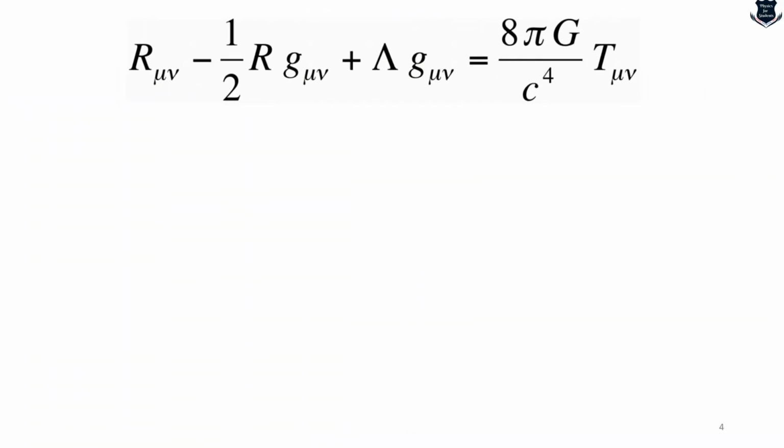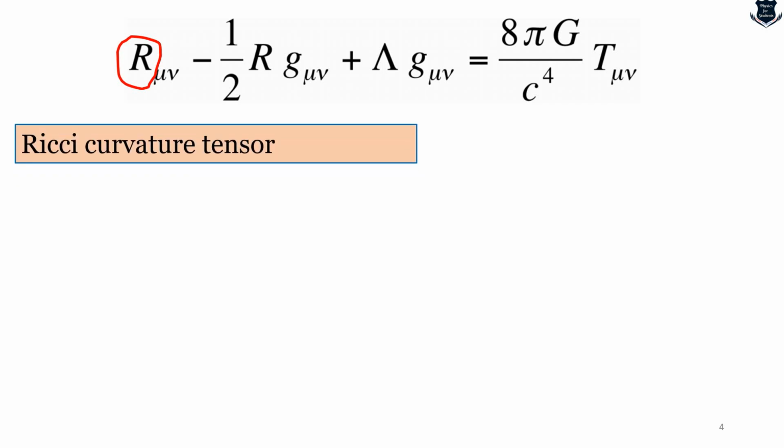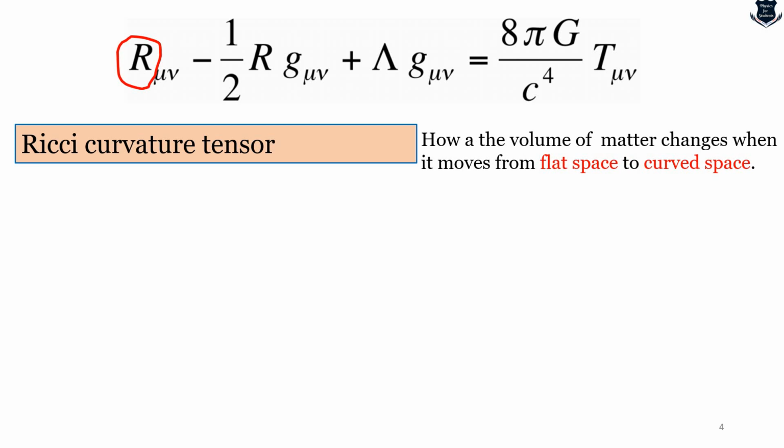So you see, this is basically the field equation of Einstein, which is the pivotal force on which the general theory of relativity depends. If I take it component by component, the first R is called the Ricci curvature tensor, and it gives us an understanding of how a volume of matter changes when it moves from flat space to curved space.